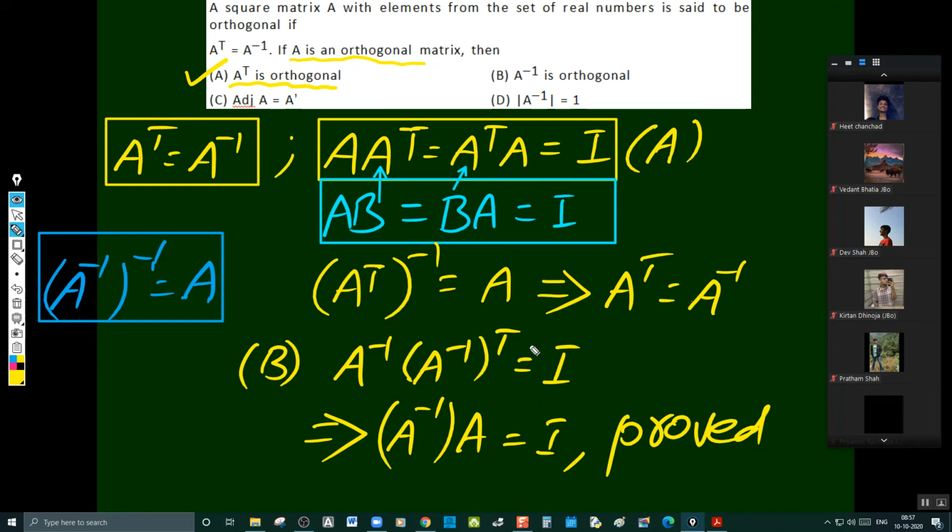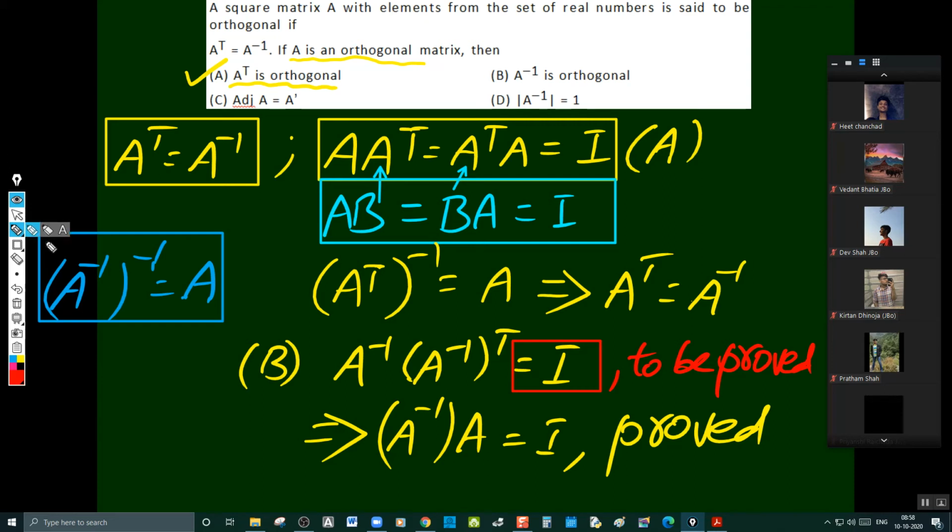In fact, what I wrote is to be proved to get option B correct. To get option B correct, this is to be proved, please. So what I did, I have taken this and I proved that this is equal to I.